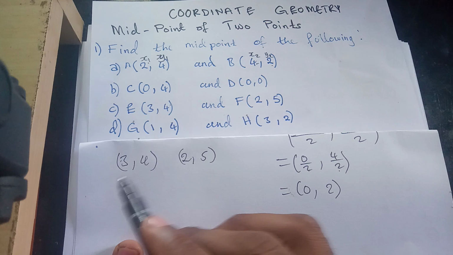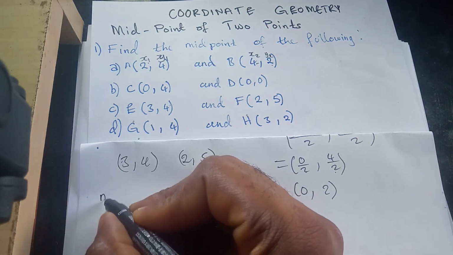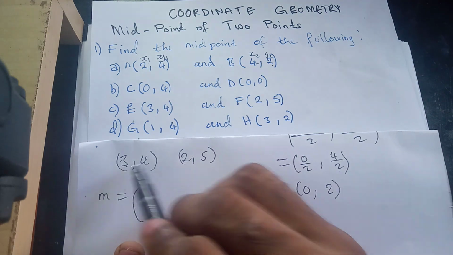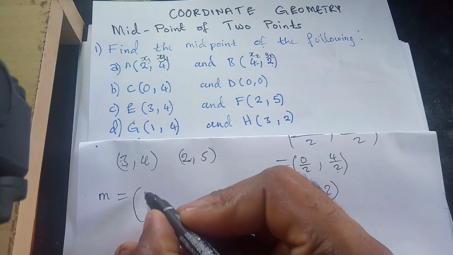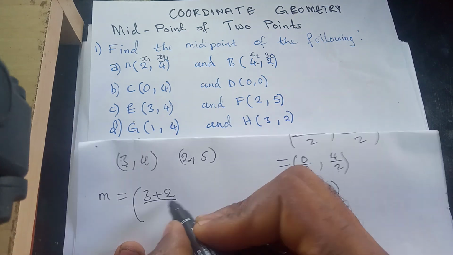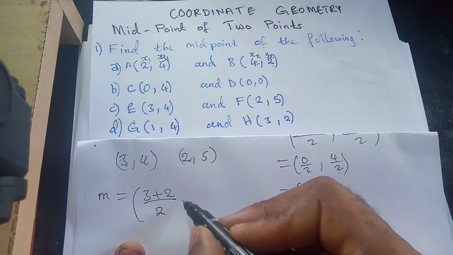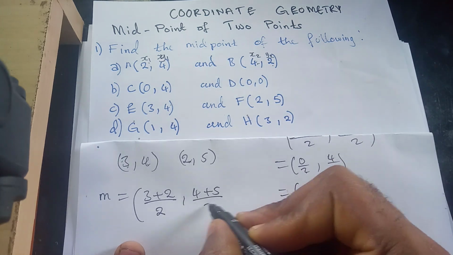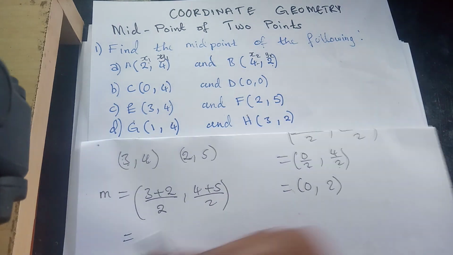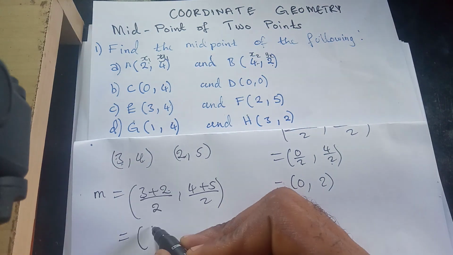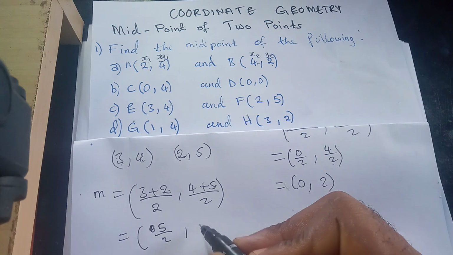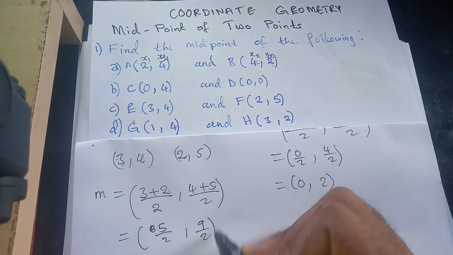To find the midpoint of these numbers, I'm not going to write the formula this time around. You find the average of the x coordinates. So you have 3 plus 2 divided by 2 and the average of the y coordinates, 4 plus 5 over 2. So this plus this is 5 over 2. Then this plus this, we have a 9 over 2.